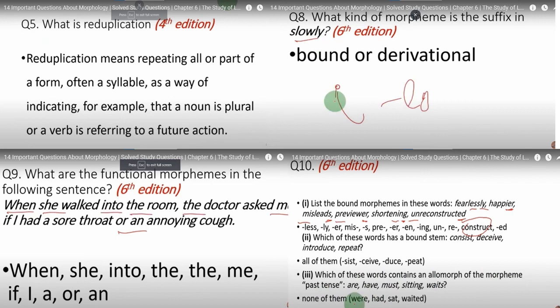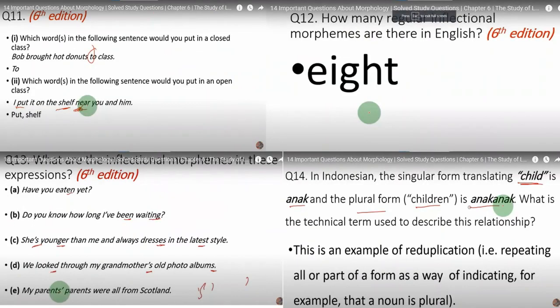Question number 10 is a repetition, as we already covered it. And question number 11. Which word in the following sentence would you put in a closed class? Bob brought hot donuts to class. So in this sentence the closed class word is to.